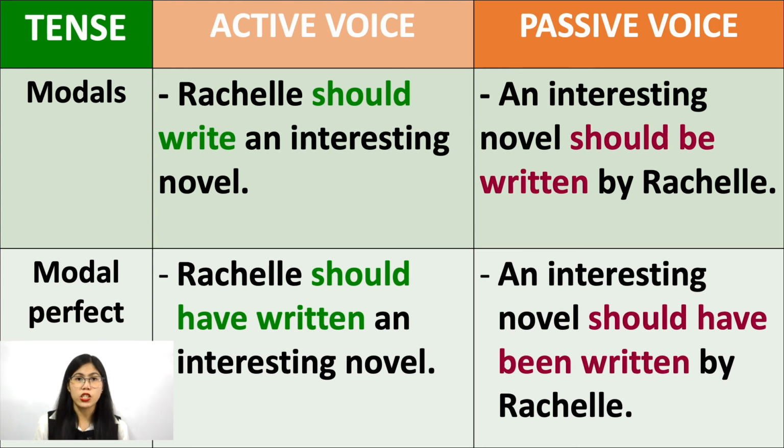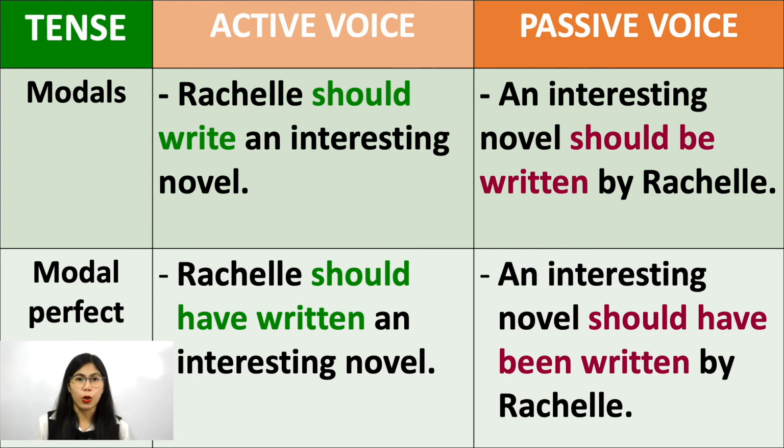As you may notice, from should write, we change it into should plus be plus past participle of the verb, which is written. Other forms of modal verbs are can, could, will, would, may, might, shall, should, etc.